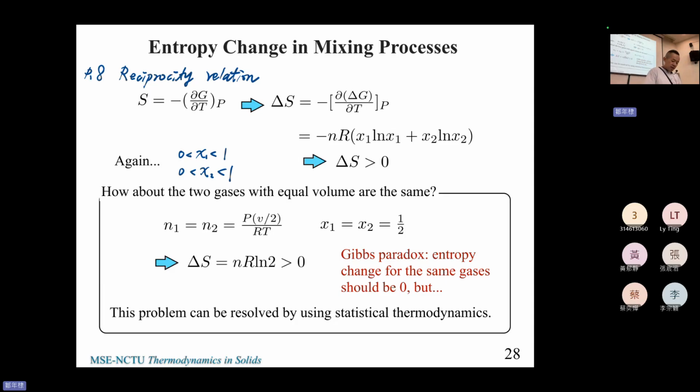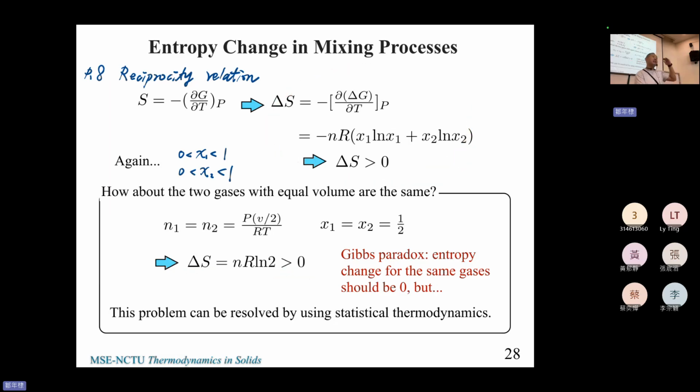In that case delta S should be 0 because they are all the same. But in this equation we didn't consider whether gas 1 and gas 2 are the same. Even when we do this, we find that delta S is greater than 0.